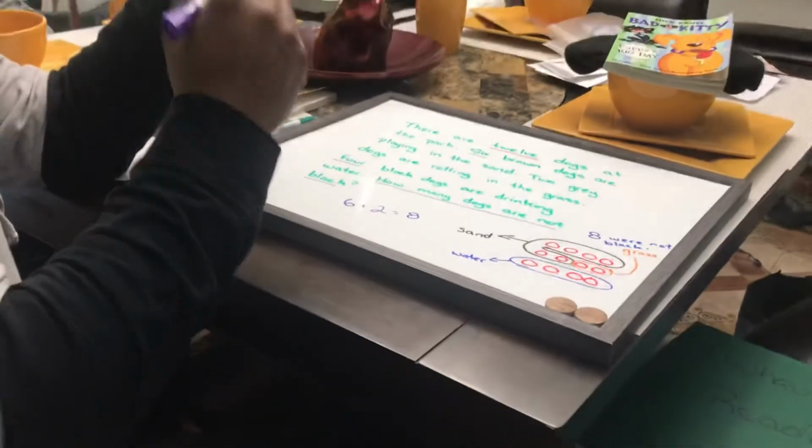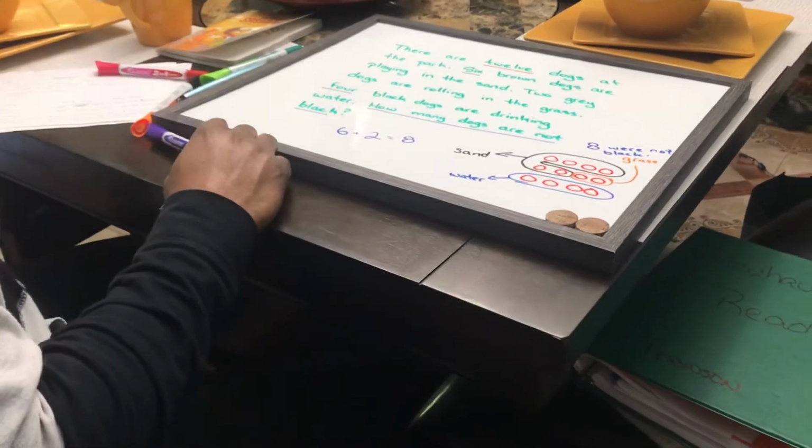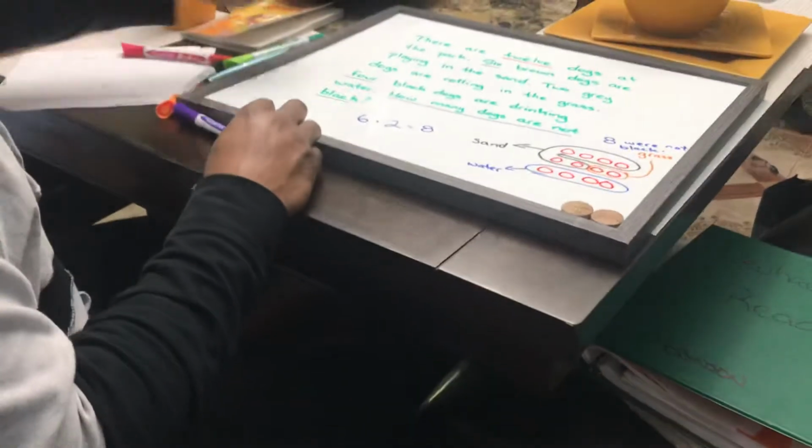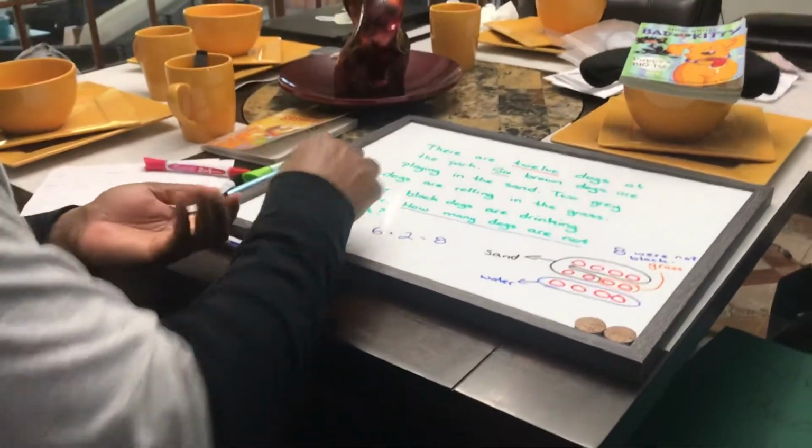Now, the same way that we did it pictorially, we'll do it concretely. For concrete, we will use our pennies, and it'll be the exact same way. I would get 12 pennies.